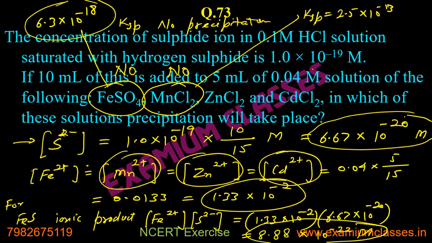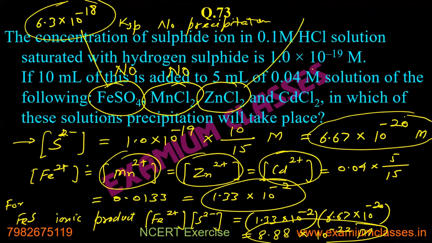Now ZnS, tell me KSP of ZnS. 1.6 into 10 power minus 24, Ashi, thanks. Now ionic product 10 power minus 22 is greater than this KSP. It means precipitation will take place in case of ZnS.